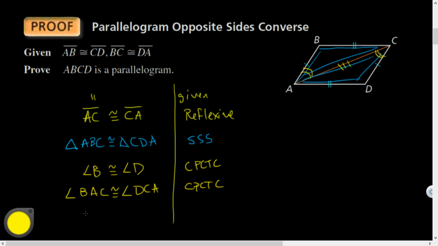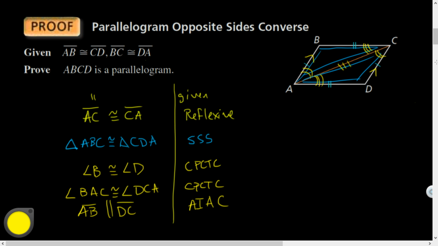And then I think I could say that AB is parallel to DC by alternate interior angles converse. That's right. If I know the angles are congruent, then I can prove the lines parallel. That's a converse.